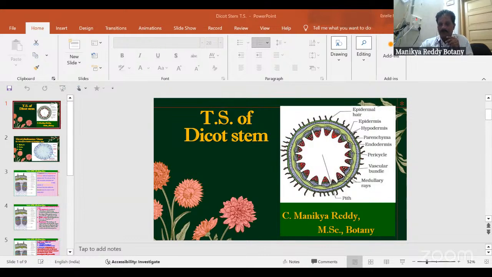Xylem and phloem together on the same radius, collateral, and open type. There is a strip you can see between the xylem and phloem. The pale color strip could be seen on the slide. This is called cambium. A strip of cambium is present between xylem and phloem. That's why this type of collateral vascular bundle is called open type.